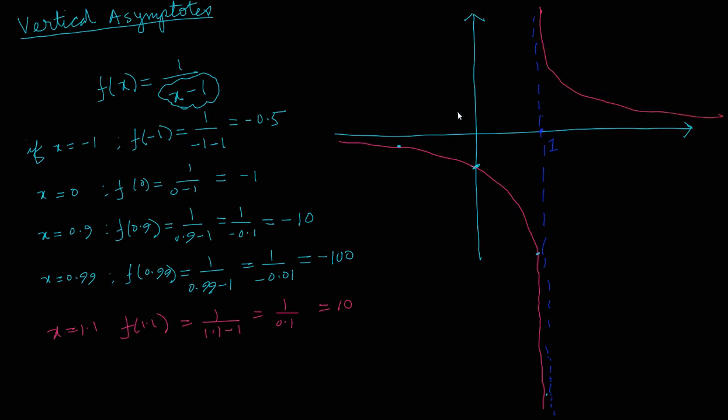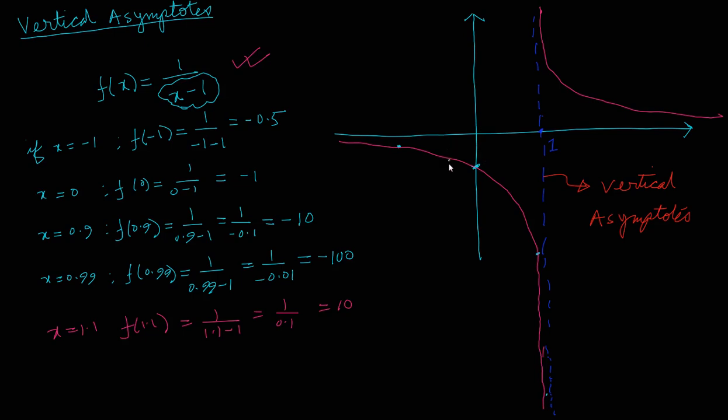Now you notice that my graph never crosses the x equal to 1 line, and both branches are asymptotic to x equal to 1. So this vertical line at x equal to 1 is called a vertical asymptote. This is actually the definition of a vertical asymptote.